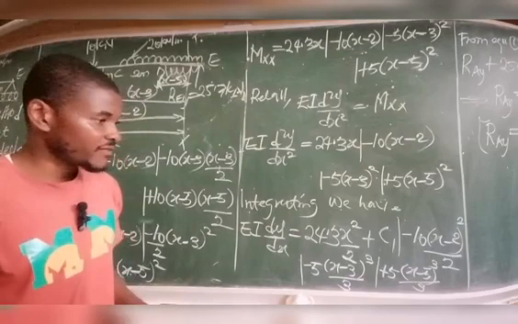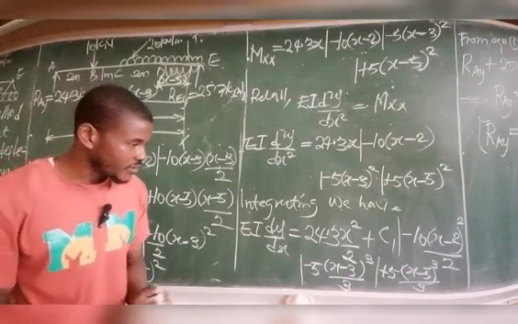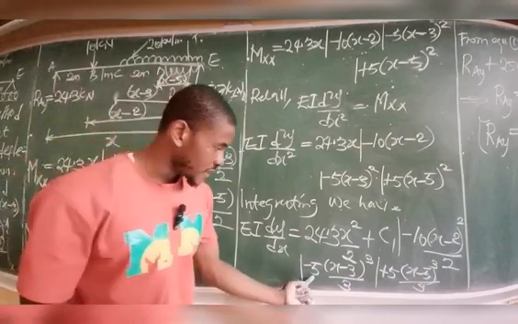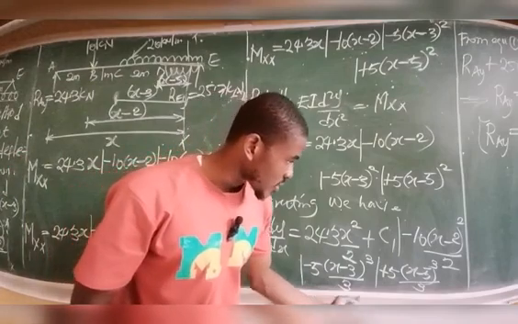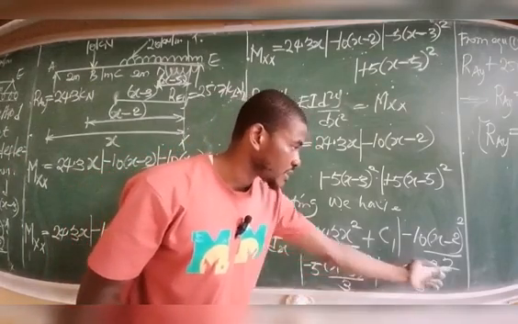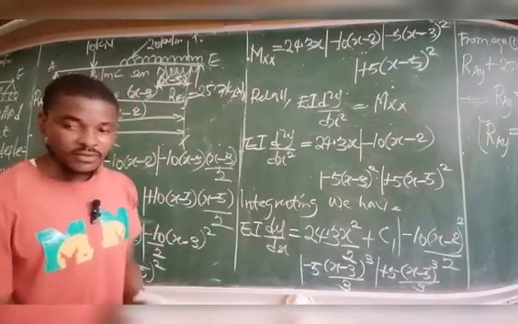So let's try and evaluate and see. Of course, I have here 5 can divide 3, I also have here 5 can divide 3, and I have here 10 can divide 2. So let's do all that and see.